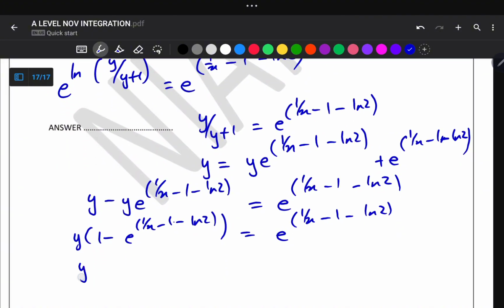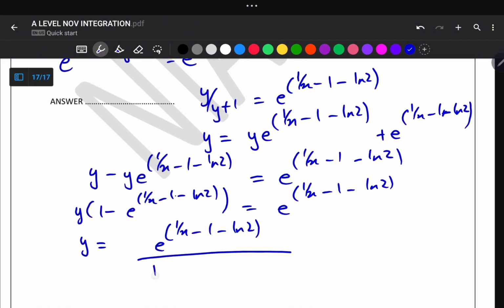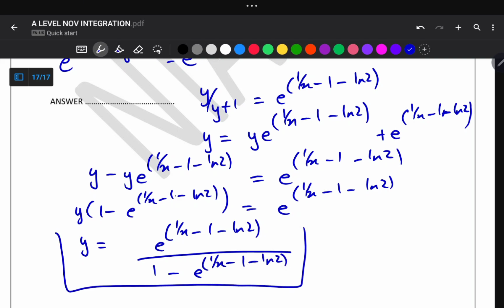So y is equal to e to the power 1 over x minus 1 minus ln 2 over 1 minus e raised to the power 1 over x minus 1 minus ln 2. So this is our final answer.